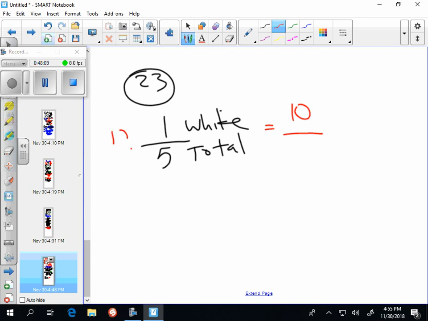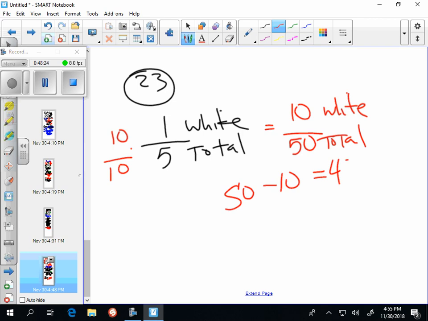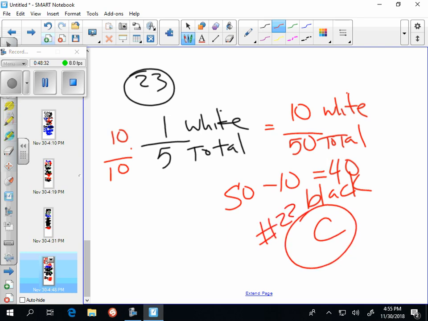Well, if I multiply the top by 10, I need to multiply the bottom by 10, and that would give me a total of 50. If 10 of them are white, how many have to be black socks? Well, 50 socks minus 10 white ones gives me 40 black socks. Jamal must like black socks. C is the choice for number 23.